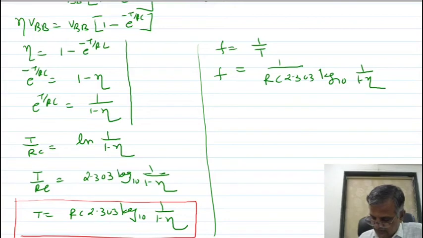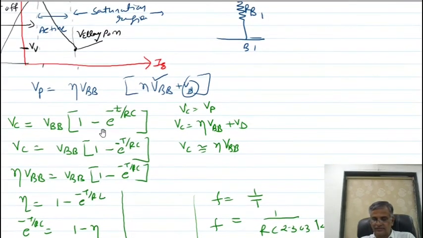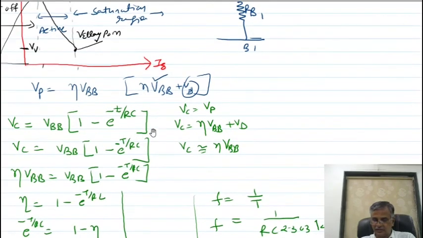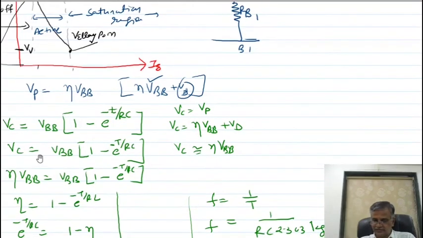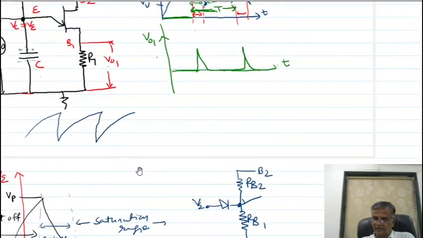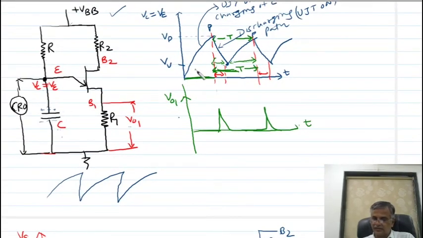I think it is clear. Look here. The voltage across the capacitor is exponentially changing. When the charging voltage goes more than the peak voltage, it immediately starts discharging.